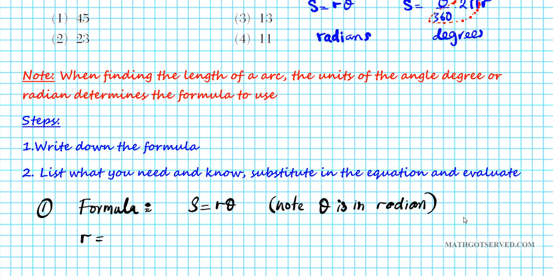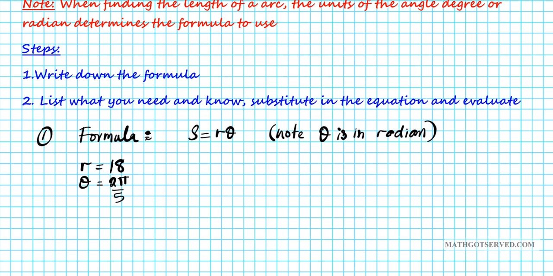The radius is 18 inches. So radius is 18. Theta, the angle, is 2 pi over 5 radians, or 2 over 5 pi, same thing. And then what is S? What is the arc length? That is what we're looking for, question mark.